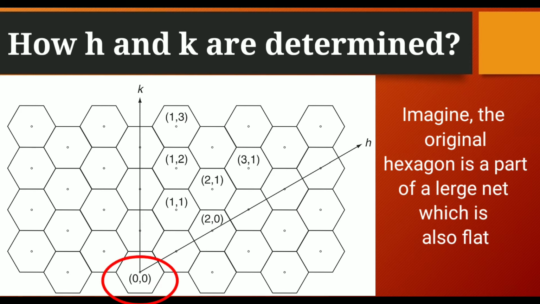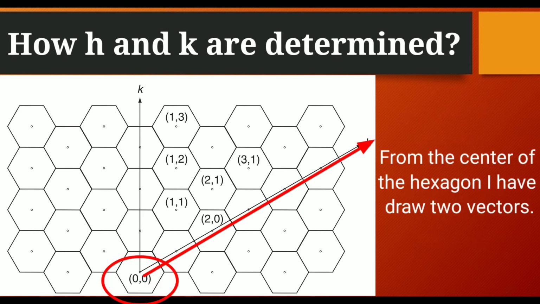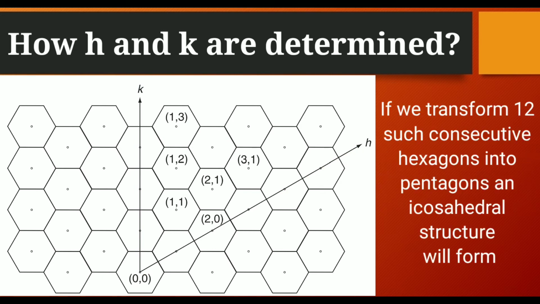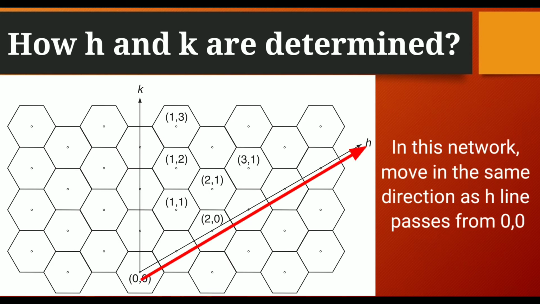Here is the solution. Imagine the hexagonal structure is a part of a large net, and if we transform at least 12 such hexagons into pentagons, an icosahedral structure will form.